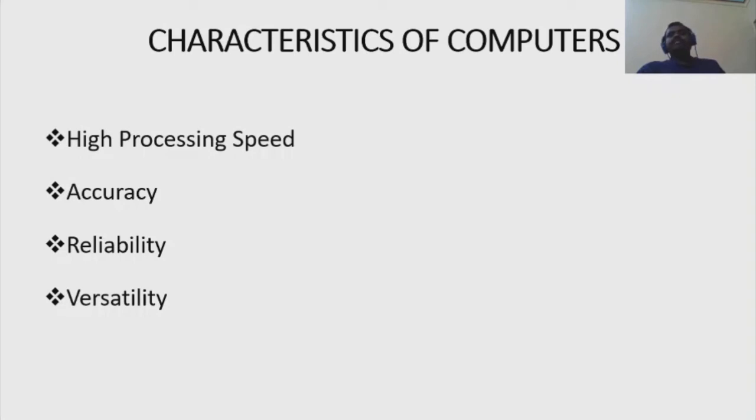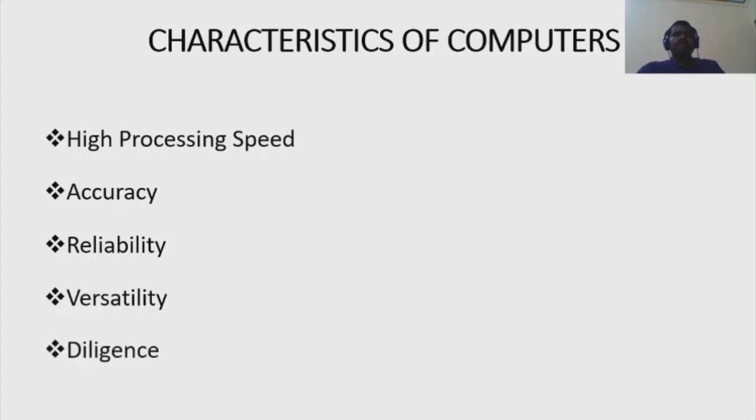Versatility means it is applicable to different fields such as healthcare, medicine, education, military, defense, computer aided engineering, manufacturing, and designs. We cannot mention so many fields here. You cannot imagine a field in which the computer cannot exist. We use computers in each and every field. It is one of the needs of today's world.